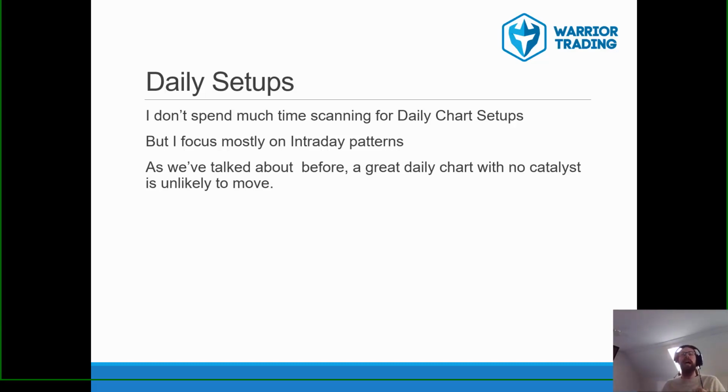So my focus then is looking for those intraday charts that are just starting to break out, and then I go back and I check, okay, how does this chart look on the daily? I know some traders spend time analyzing daily charts and looking at daily patterns and creating nightly watch lists.